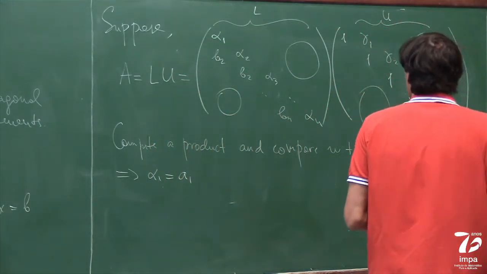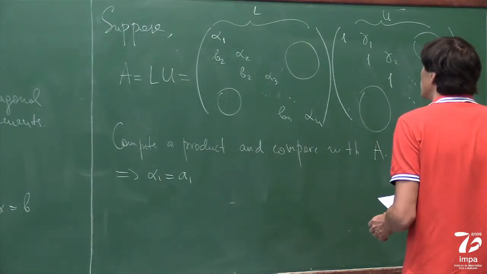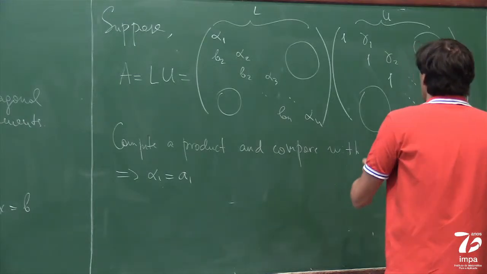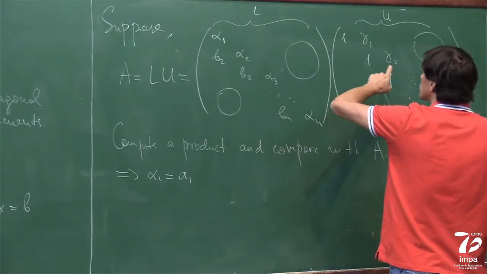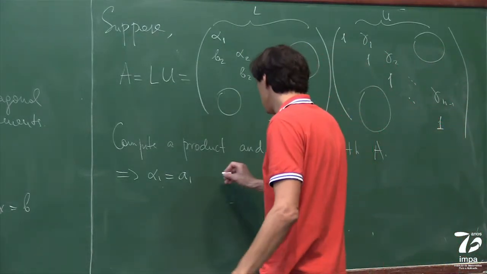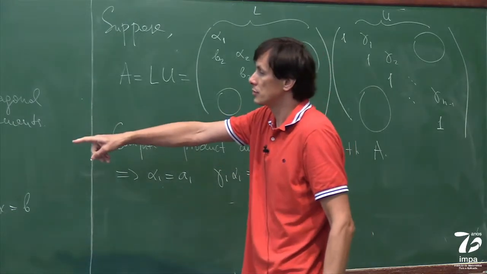The next is you can multiply this vector by this row. Right, so it will be gamma 1 times alpha 1, and it will be equal to C1.